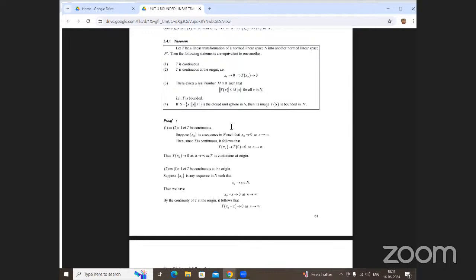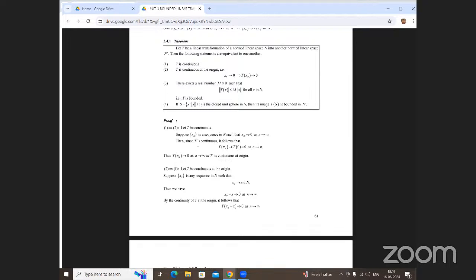Replacing Sn by xn, where xn is any sequence in N, that is the normal linear space. Suppose xn converges to 0, because the second condition is also approaching the origin.